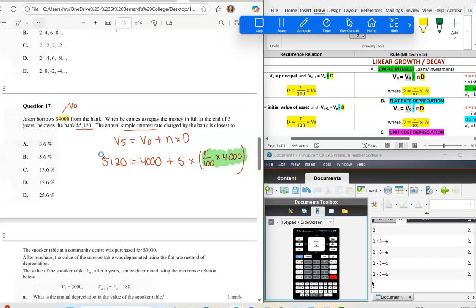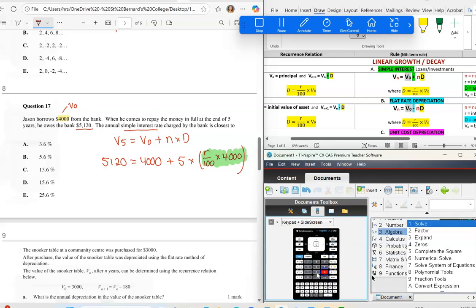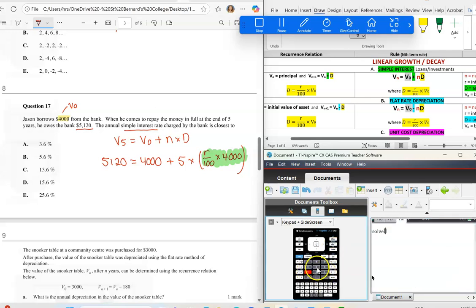All right, so then what we do, we can do solve again. So menu 3-1, I'm going to solve. I'm going to go 5120 equals 4,000 plus 5 times.